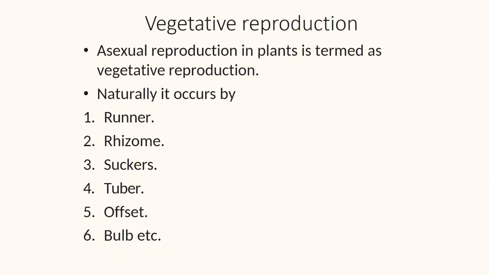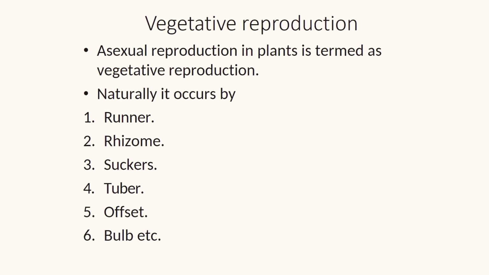Vegetative reproduction. Vegetative reproduction is a type of asexual reproduction in plants in which a portion or fragment of the plant body functions as a propagule and develops into a new individual. Some plants are able to multiply by vegetative method, which involves the production of new plants without the act of fertilization.